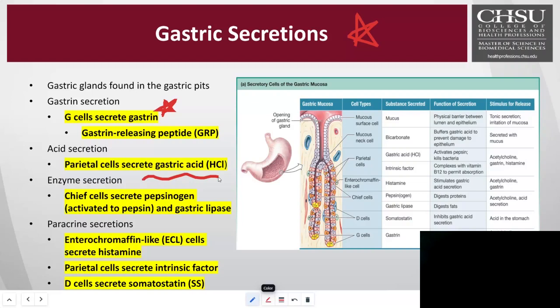It also makes something called IF, intrinsic factor. Anybody heard of this before? What does that do? Intrinsic factor. Really good, yeah. So intrinsic factor is a protein which will help bind onto vitamin B12. And as it goes through your stomach and your small intestine, it preserves its integrity.